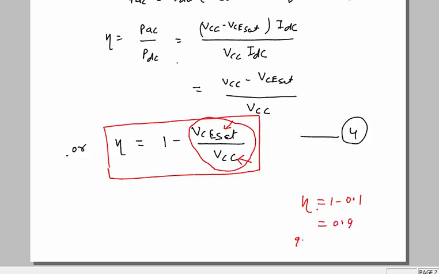In percentage terms, it will be 90%. As VCE sat is very small compared to VCC, the efficiency of the class C amplifier is very high. It can achieve above 90% efficiency. So this is how we find the efficiency of the class C amplifier.